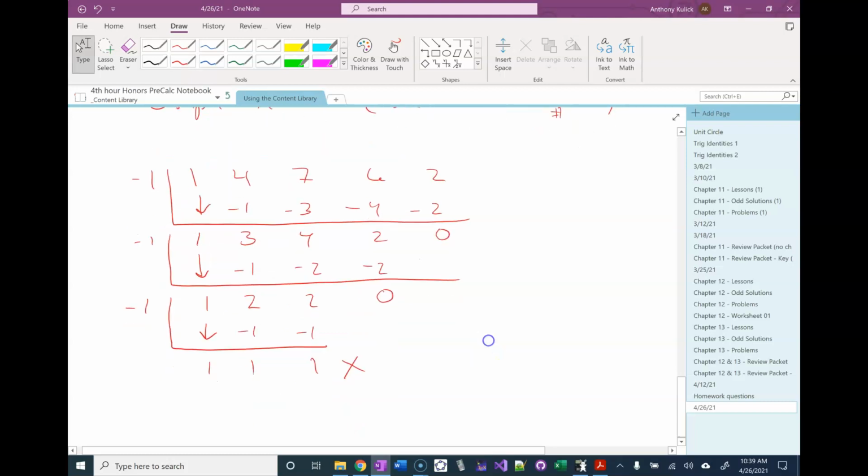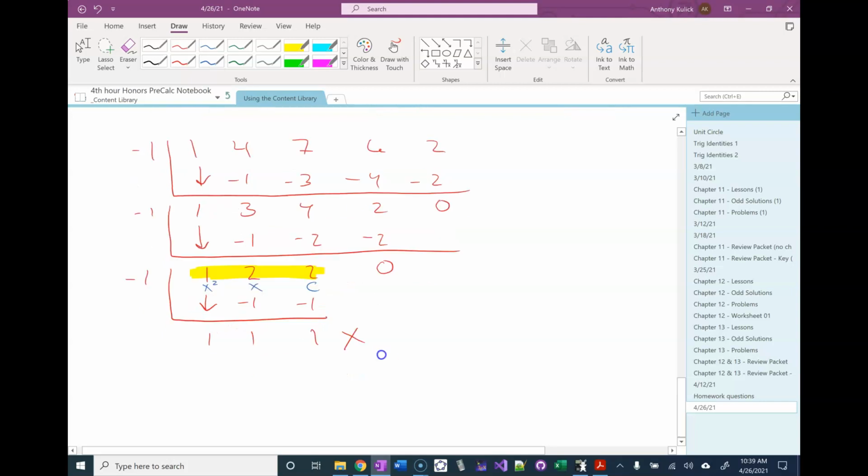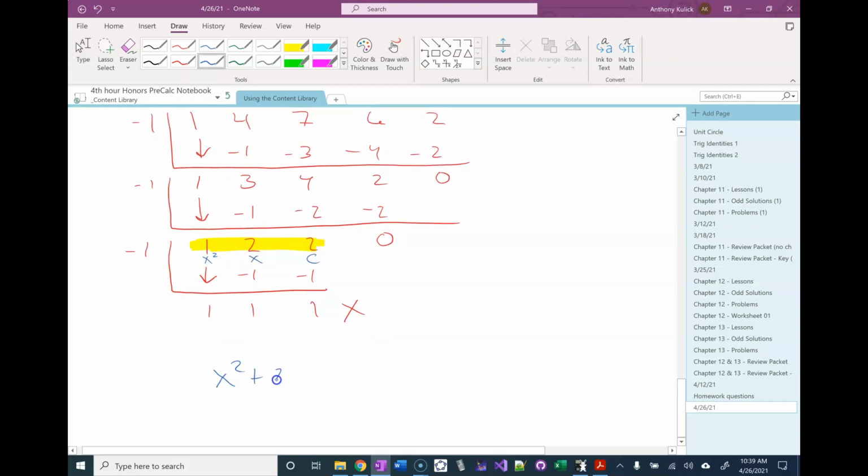It did not work. So what we'll do is go back to the last result we had when the division worked. Again, it's my constant, my x coefficient, and my x squared coefficient. And we'll set that part equal to 0 and solve.